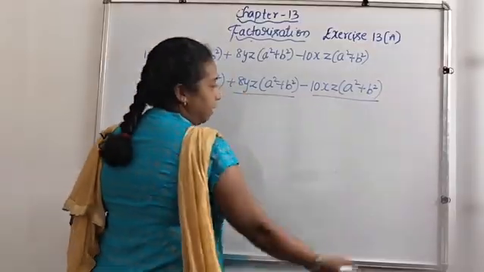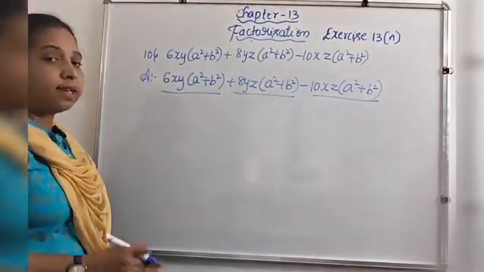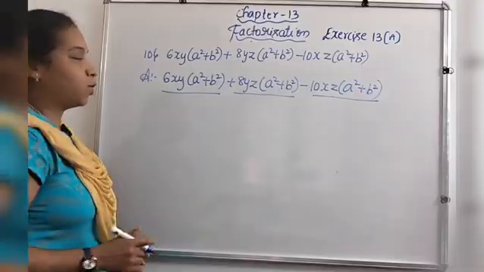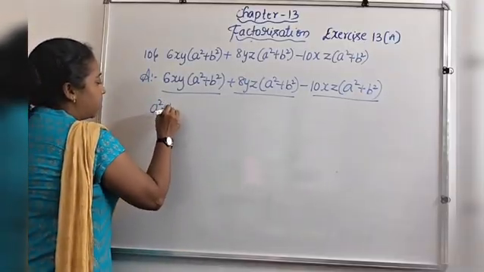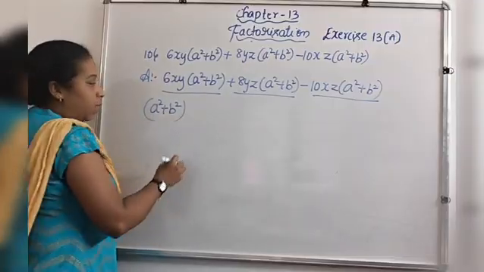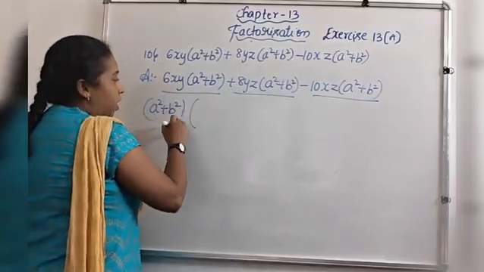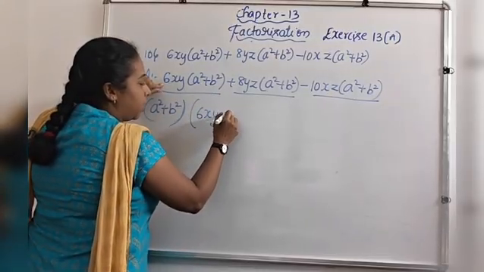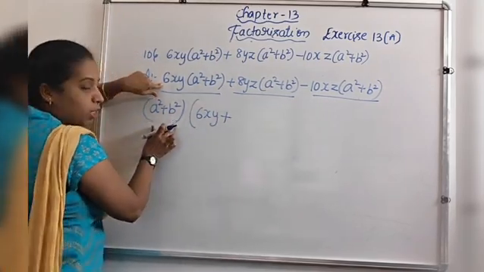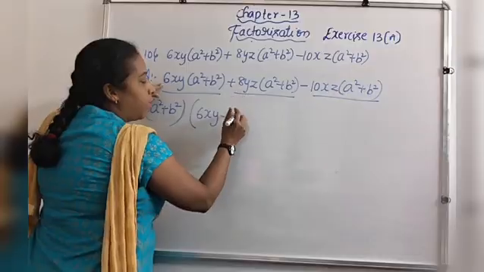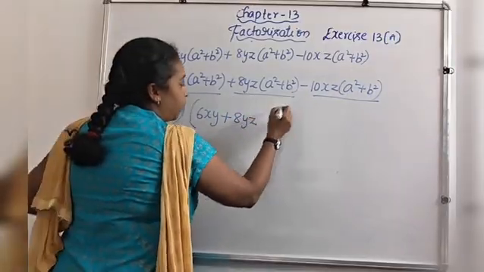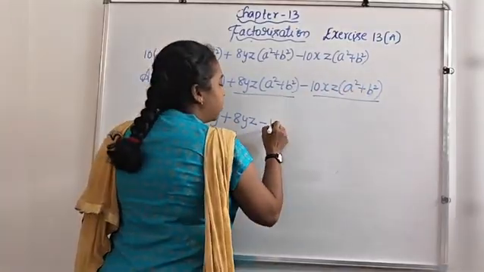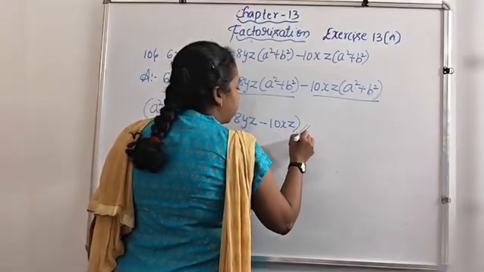So how many terms are there? 1, 2, 3 terms. Okay, in these 3 terms, there is a common factor, right? Can you tell me which is that one? A square plus b square. So a square plus b square is the common term. If you take this common term, remaining in the first term is 6xy, then plus sign, and here if I take out a square plus b square as a common, remaining will be 8yz, minus, a square plus b square taken as a common, remaining is 10xz.